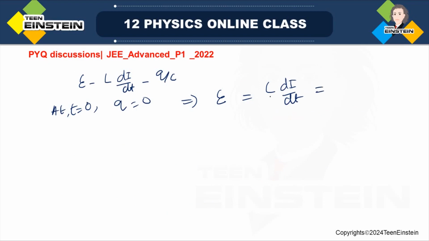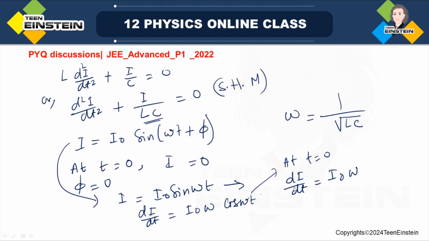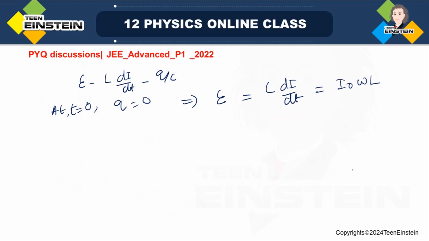So here I have got this much is I0 omega into L, right? From here L di dt will be I0 omega, and this side it is EMF.